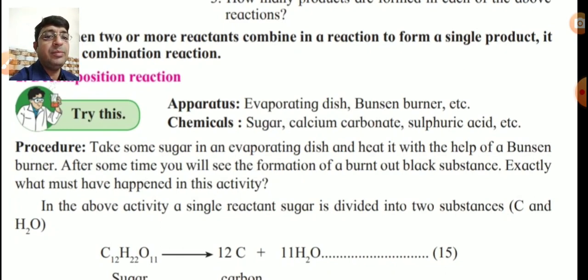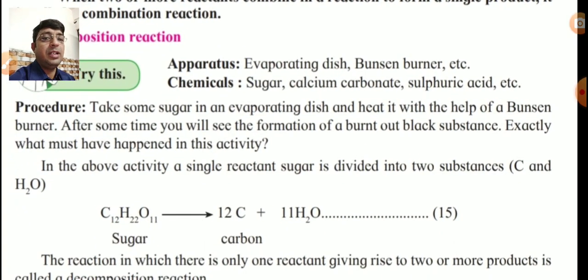After some time you will see the formation of a burnt black substance. Exactly what must have happened in this activity? In the above activity, a single reactant, sugar, is divided into two substances such as carbon and water. The reactant is only one, but the products are two or more.